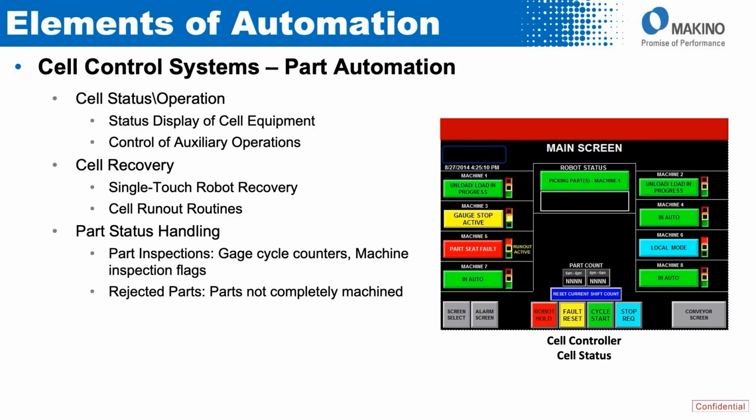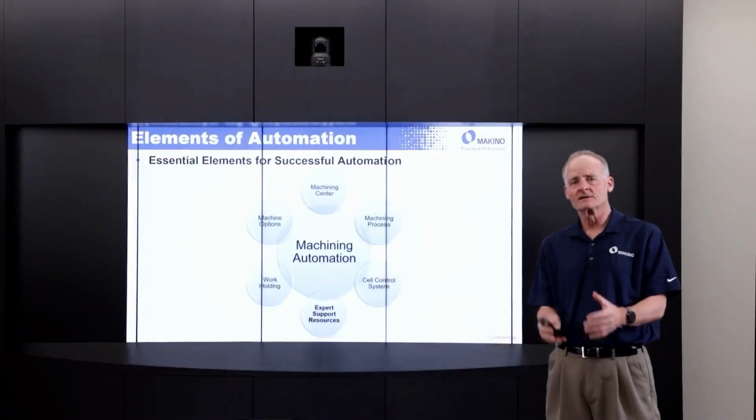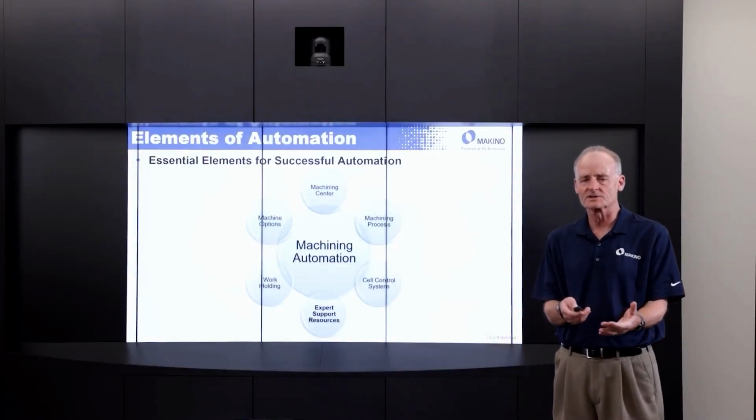But typically, any part that has not been completely machined on a machining center, we're going to take that off and put it into a reject location. And the benefit from that, once again, is single point cell control and the status of what's going on within that cell. You've got a single point where you can go to and find out what is happening within your automated cell.